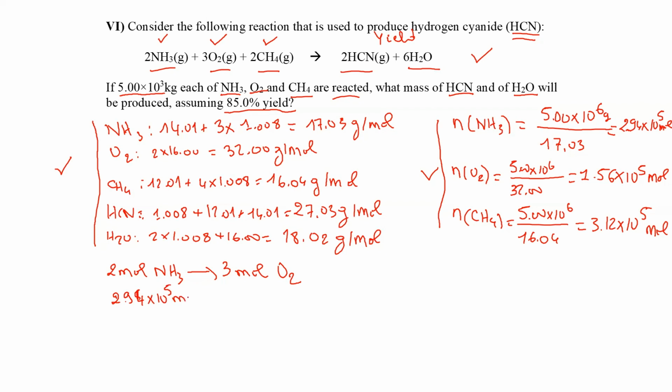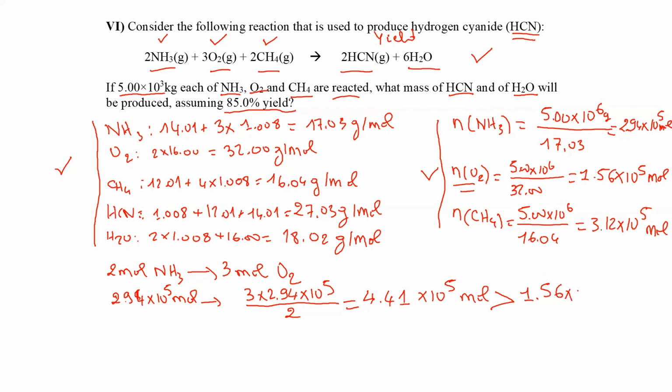If I have this, it should need 3 times 2.94 times 10 to the power 5 divided by 2 moles of oxygen, which is equal to 4.41 times 10 to the power 5 mole. And this is bigger than the amount that I have, the number of moles of oxygen, 1.56 times 10 to the power 5. So I don't have enough oxygen.